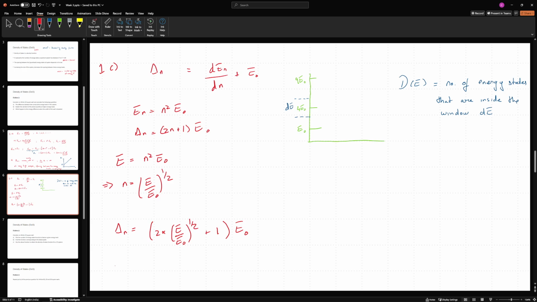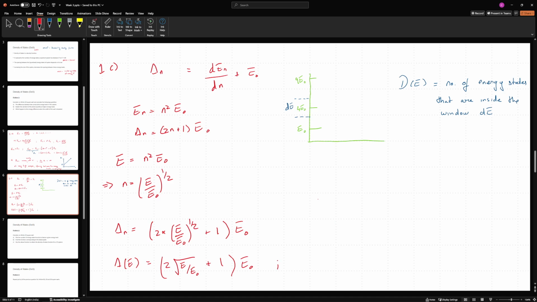Essentially, I've eliminated n, so I can write this as delta of E, which is 2 times square root of E upon E naught, plus 1, times E naught.